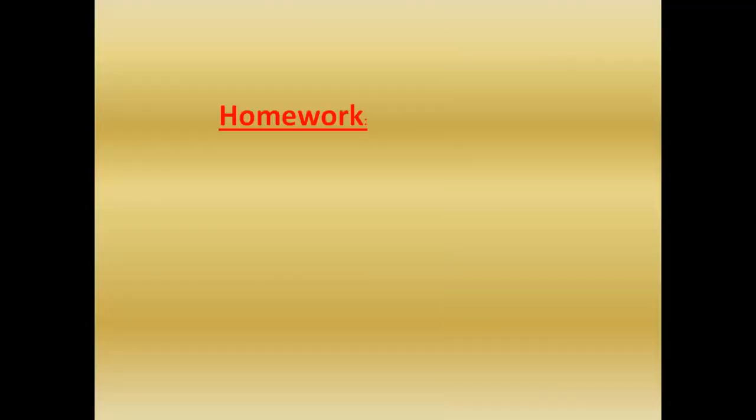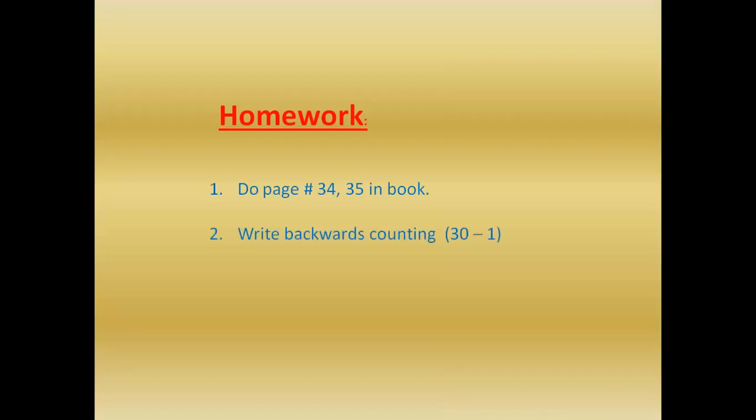So now your homework is page number 34, 35 in the book, and write backward counting in the notebook. And also you revise the tables, and you are in class 2 now. So at least you finish your table learning, tables 2 to 9, and learn by heart.